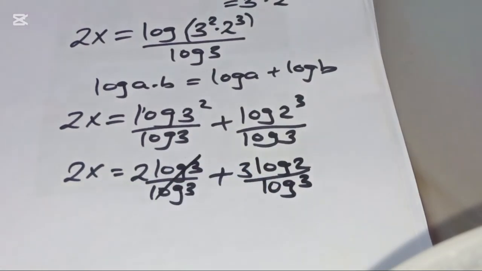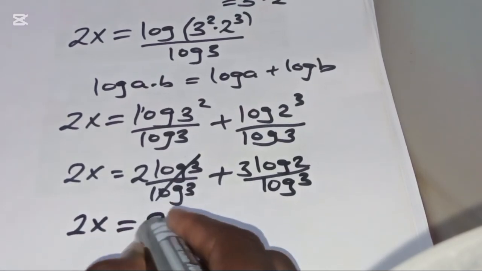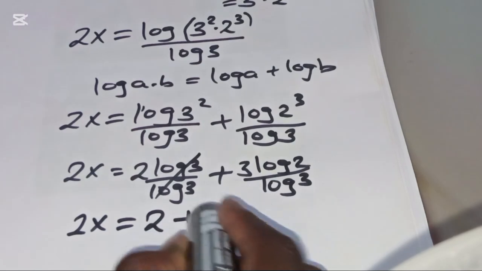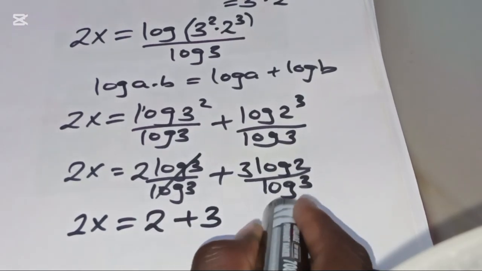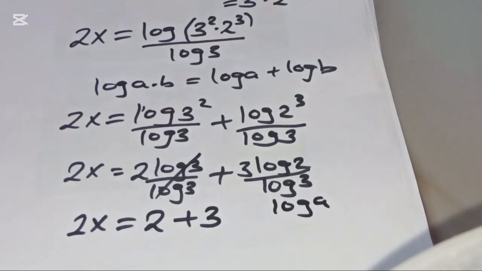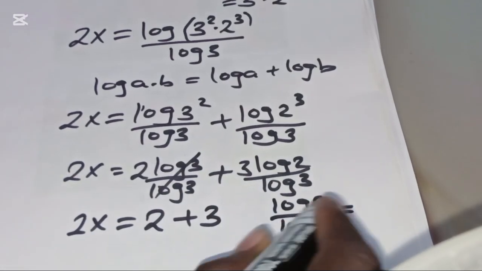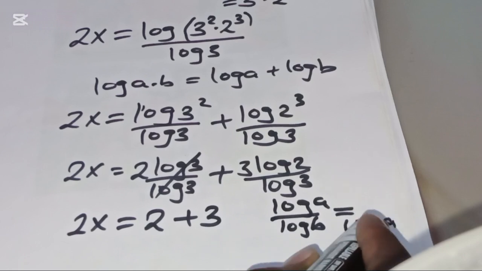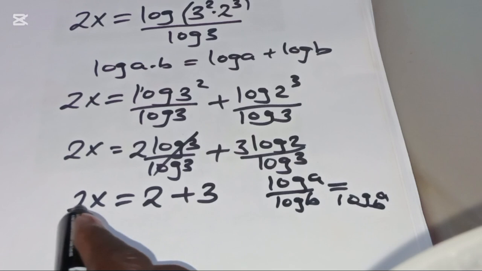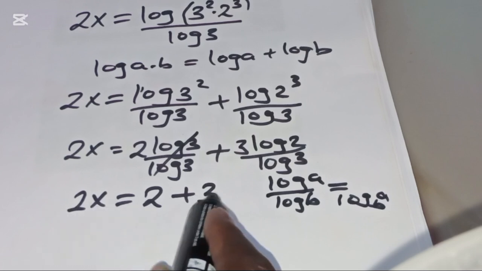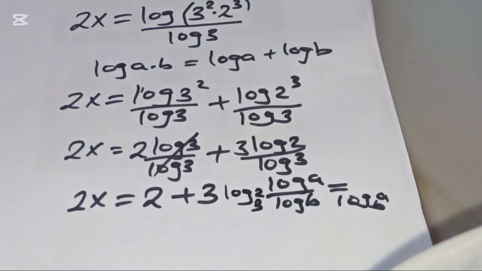Log 3 and log 3 simplify, so that we'll have 2x equal to 2 plus 3 log 2 divided by log 3, this is actually in the form of log a divided by log b, which essentially is supposed to give us log a to base b. Now applying this property, we'll have 2x is equal to 2 plus 3 log 2 to base 3.